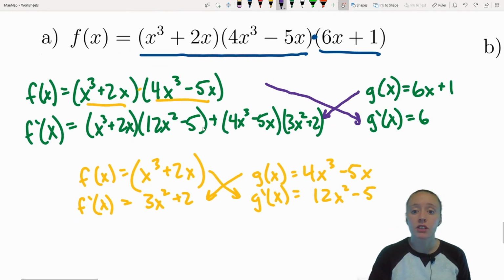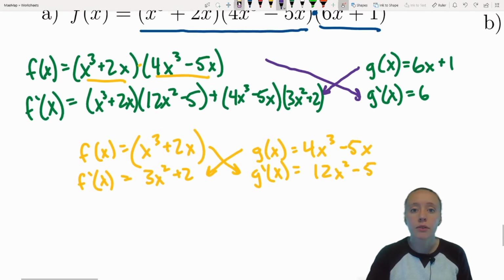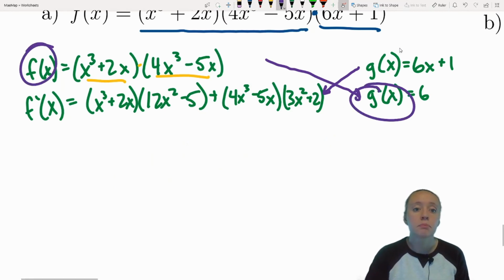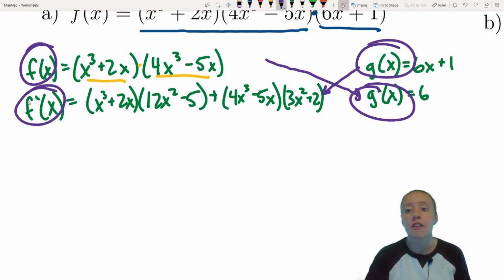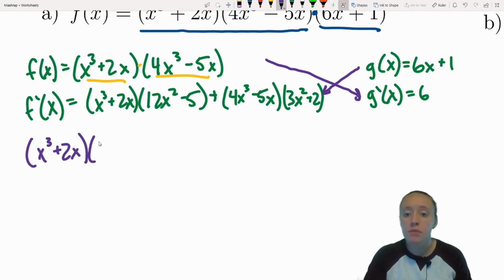So now let's write this all out. I want you to leave your work on the page, but just so this doesn't get too confusing, I'm going to erase this. So now we're going to do f of x times g prime of x plus g of x times f prime of x. So I have x cubed plus 2x times 4x cubed minus 5x.